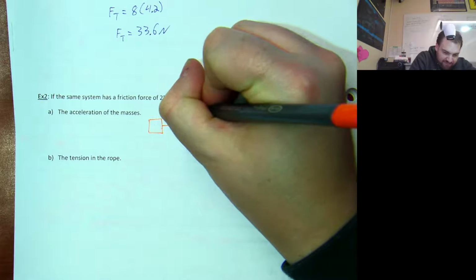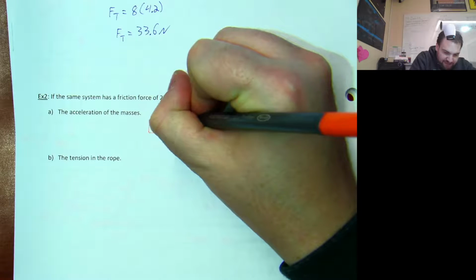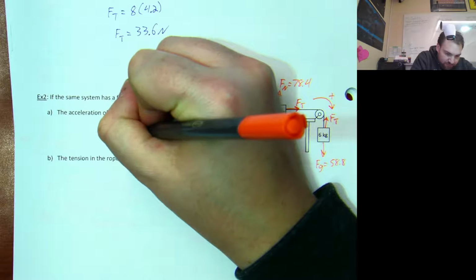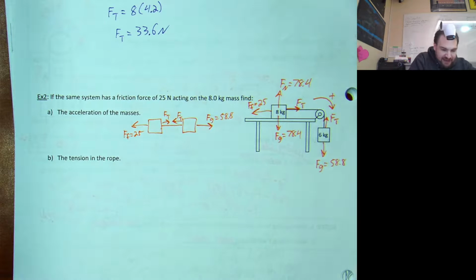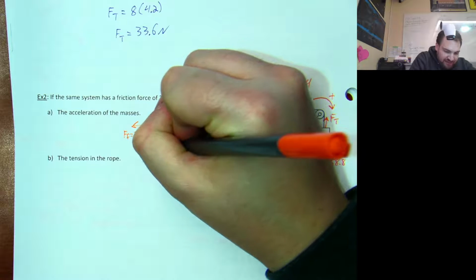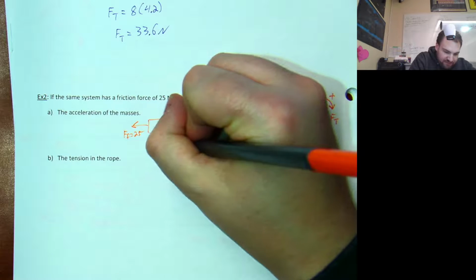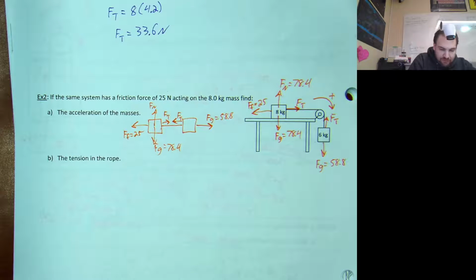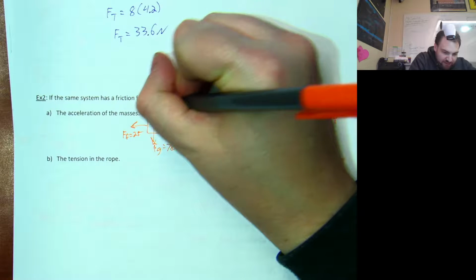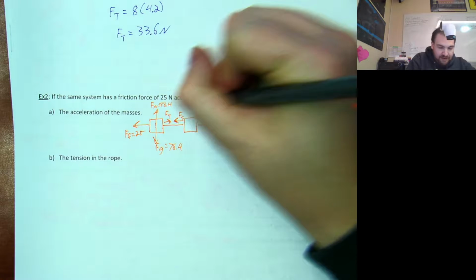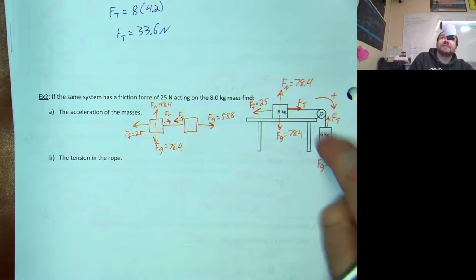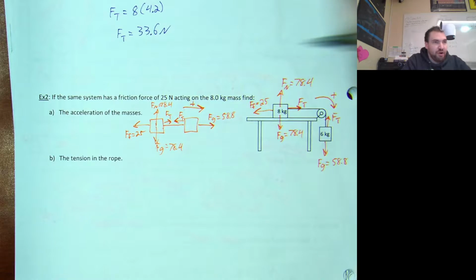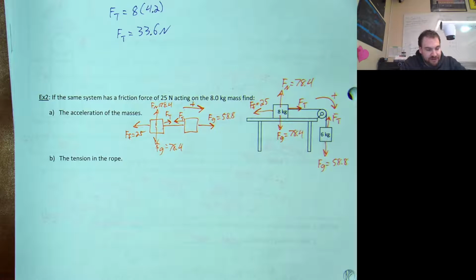I'm going to have FT acting that way, and I'm going to have a force of friction of 25 newtons acting that way. I've got FG acting down that way of 78.4, and I'm going to have an FN acting up here of 78.4. And we said if over and down was positive, because that's the way this thing wants to move, in my redrawing of the system, that direction is positive.